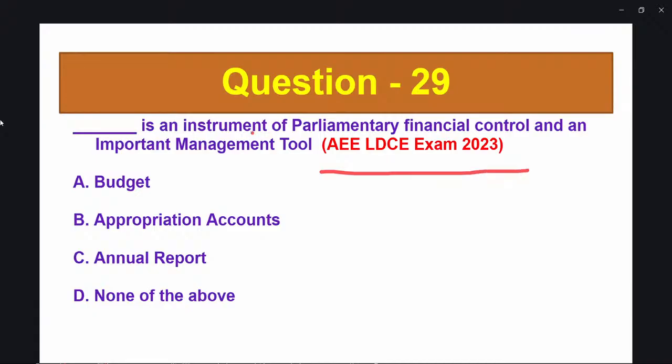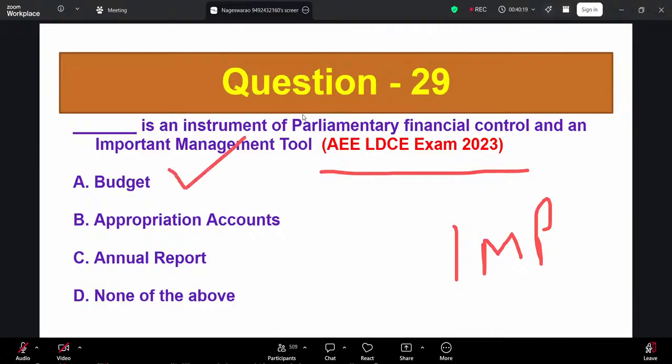AELDC Dash is an instrument of parliamentary financial control and important management tool. Very, very important. This is AELDC. Yes, please stop. Budget. Budget is very, very important.